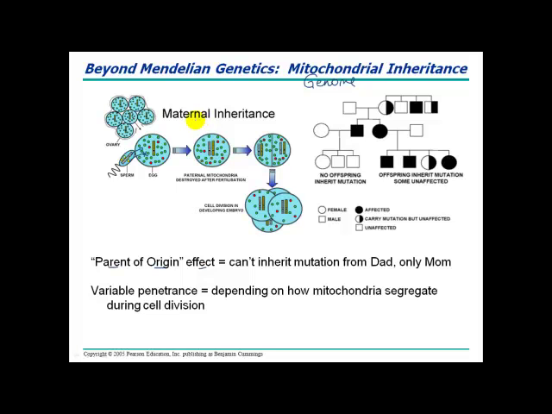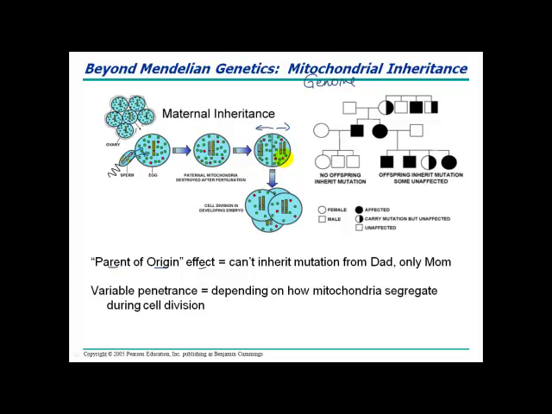Now, the other thing that we see, because of the fact that the distribution of mitochondria during cell division is essentially random, whatever mitochondria end up on this half of the cell are going to go that way during cell division, and whatever mitochondria end up in this half of the cell are going to go that way during cell division.